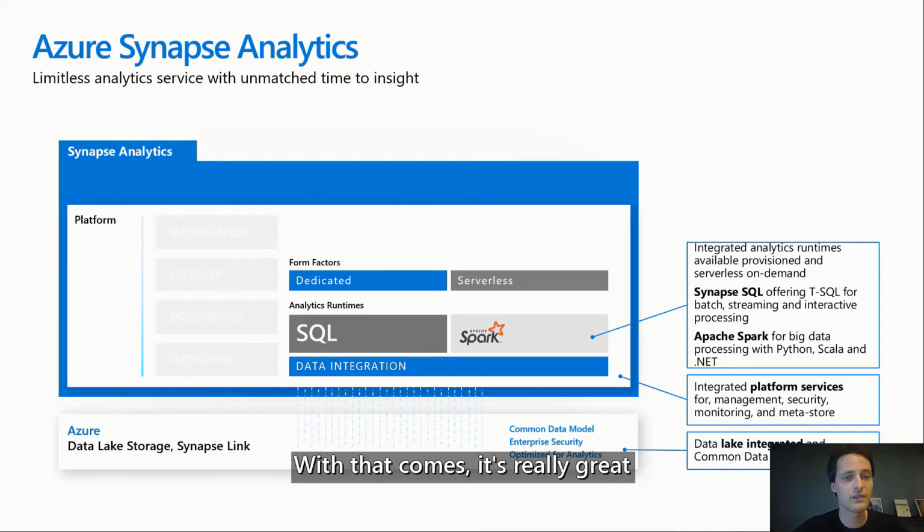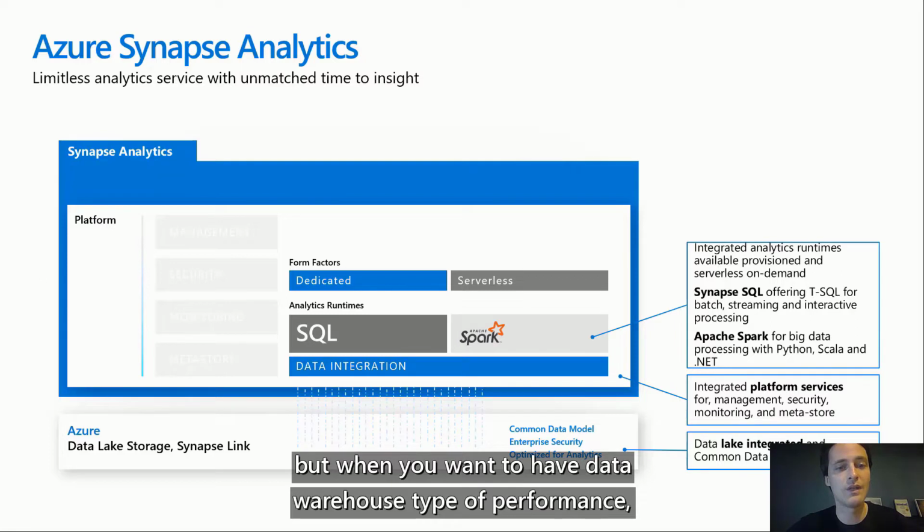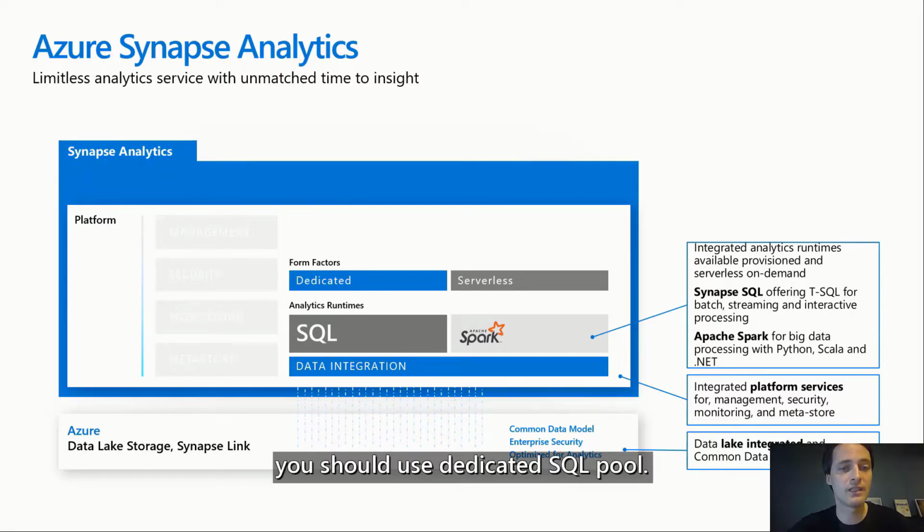It's really great for doing analytics over the lake, for doing data exploration, and even for doing BI scenarios. We'll use that for BI scenarios. But when you want data warehouse type of performance, you should use dedicated SQL pool.